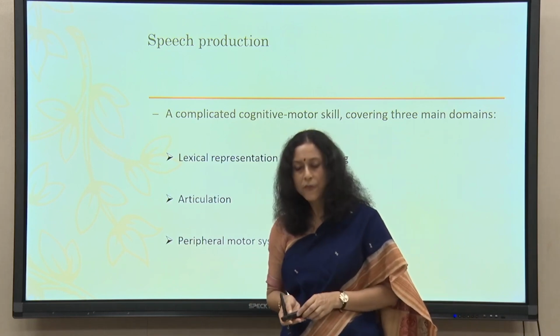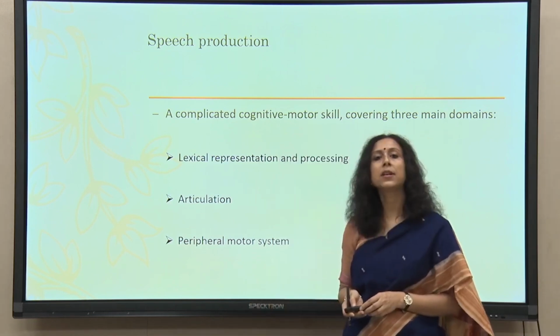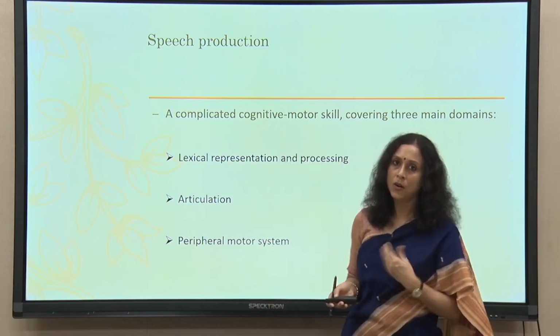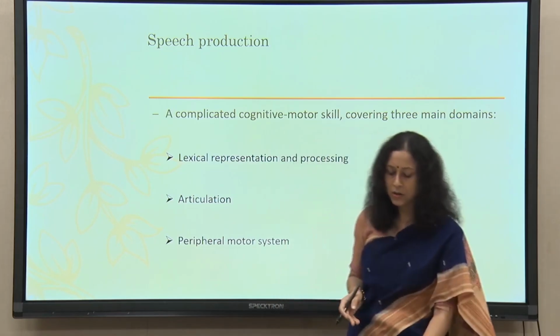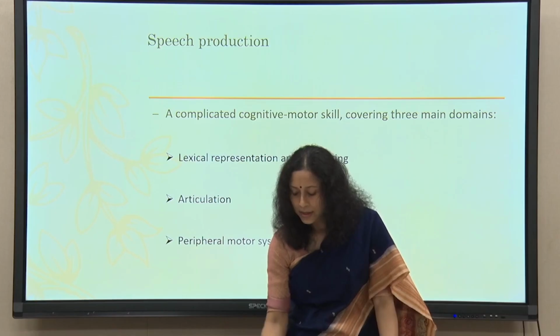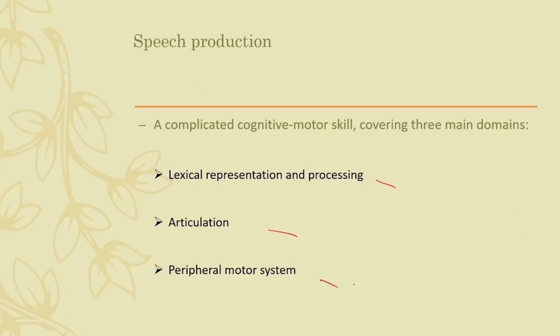Now, let us move on to speech production. Speech production is of course an enormous domain of study. It has generated a lot of empirical data, typically with respect to three main domains.